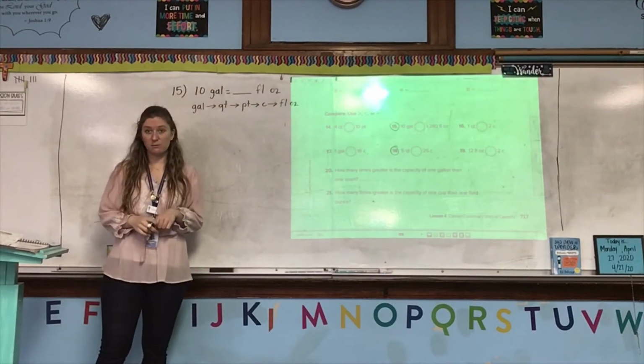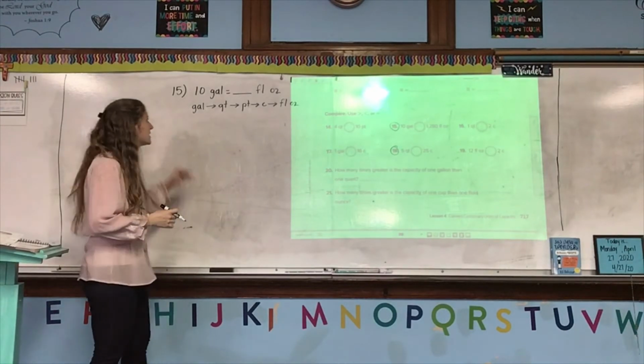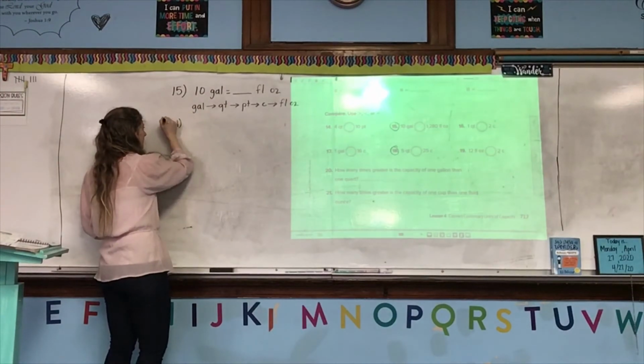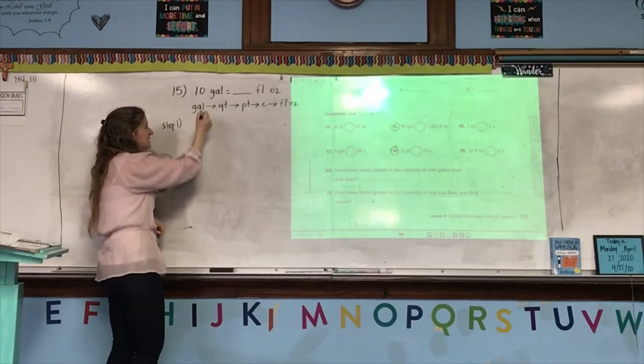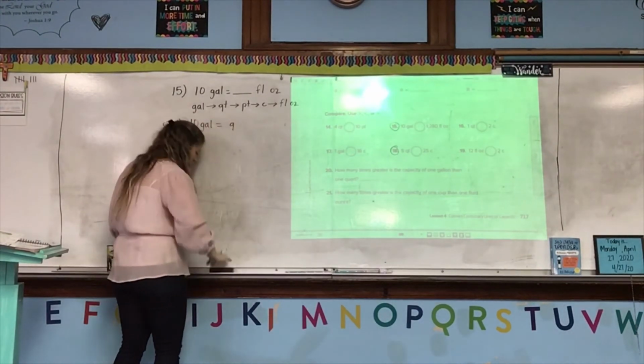Otherwise, you're going to have to be doing multiplication or division that you may not know how to do yet. So, first, we're going to see step 1. We're going to see how many quarts are in 10 gallons.